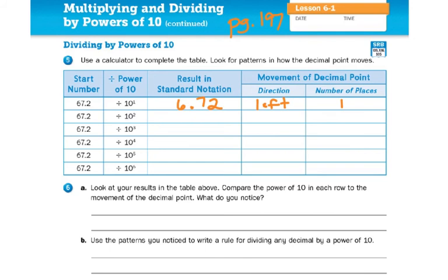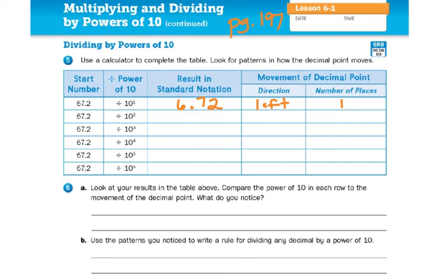So if we divide by 10 to the second power, let's clear out our calculator. 67 and 2/10, divided by, remember we're doing 10 to the second power, so we divide by 10 two times. Divided by 10 once, divided by 10 twice.